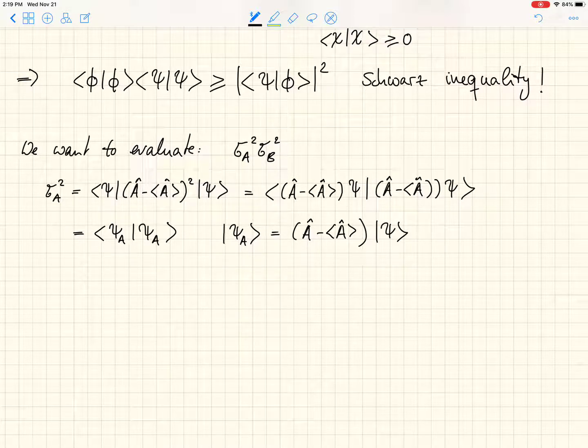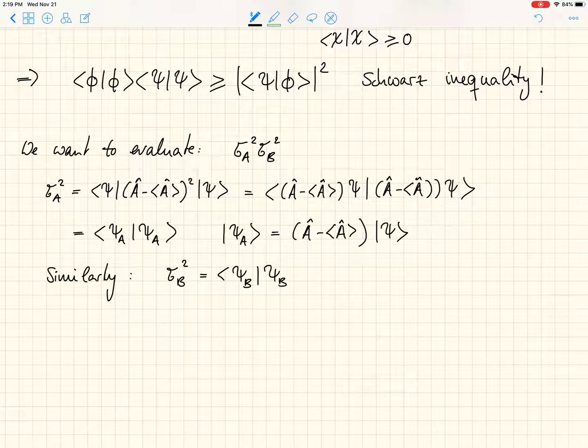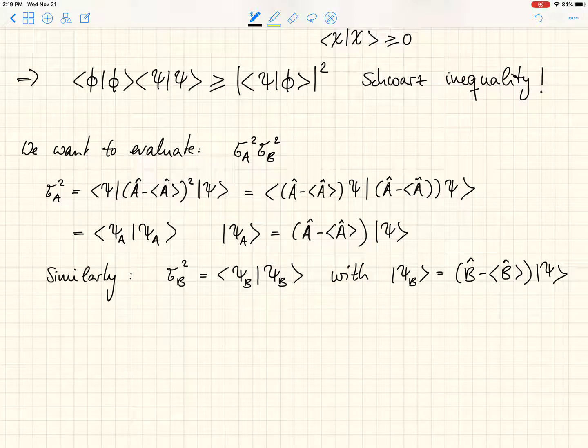And similarly, I can write for sigma b squared that it is equal to the inner product of psi_B with psi_B, with psi_B equal to (B minus the expectation value of B) acting on psi. Okay.